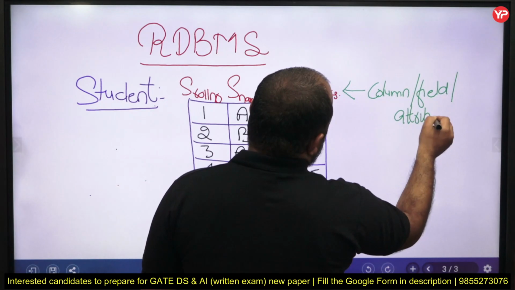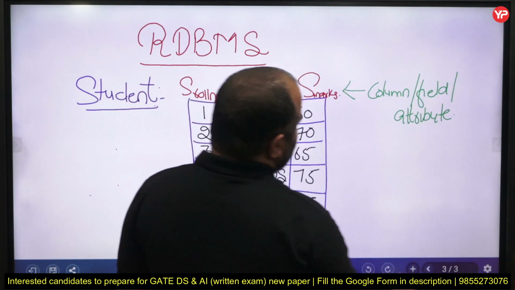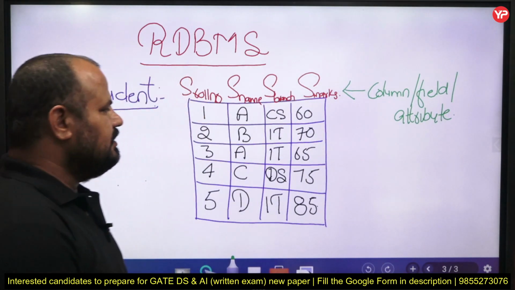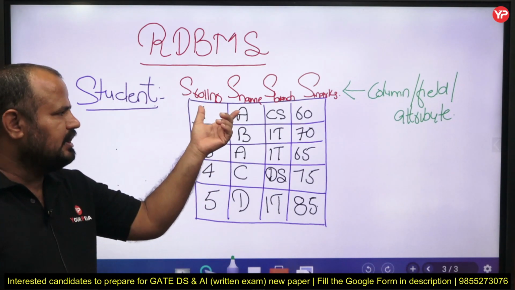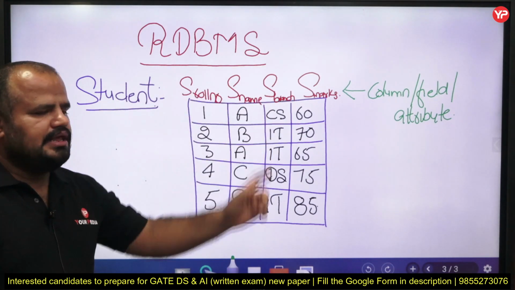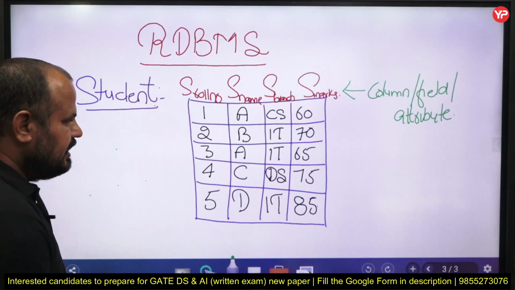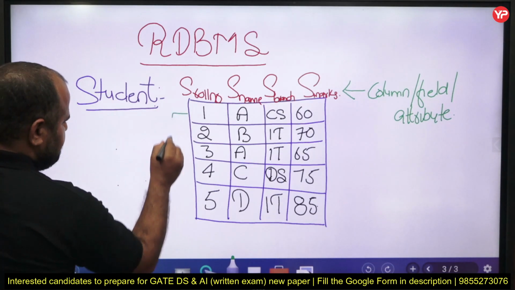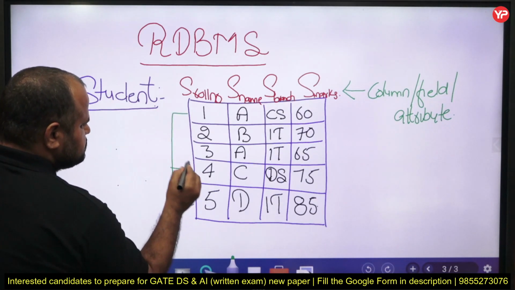Whenever you face the word column, field, or attribute, it means we are talking about the column name. Next you are seeing some of the records.